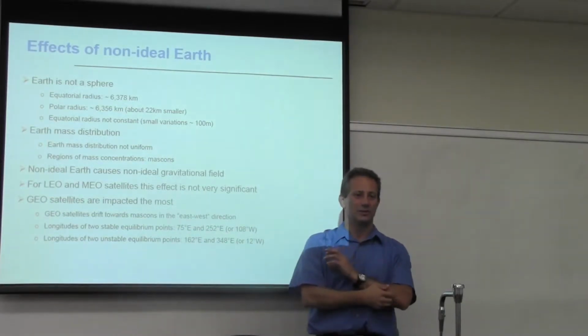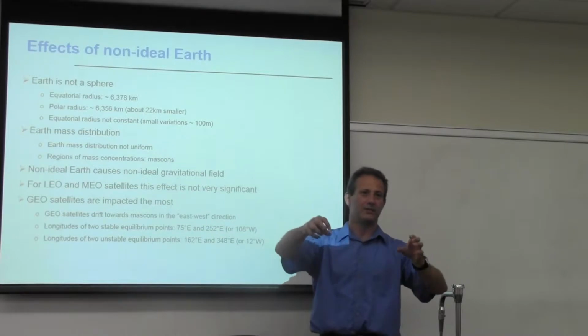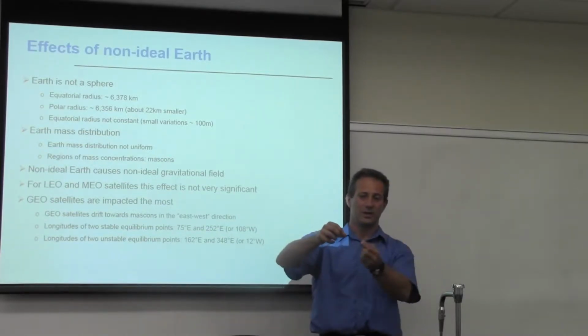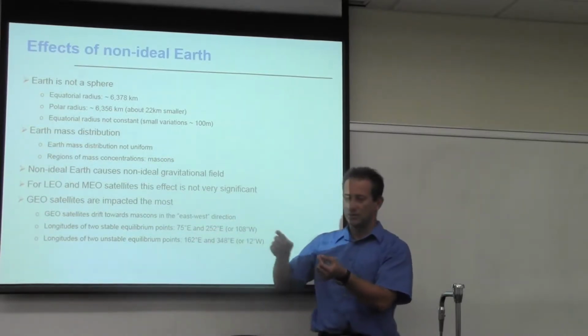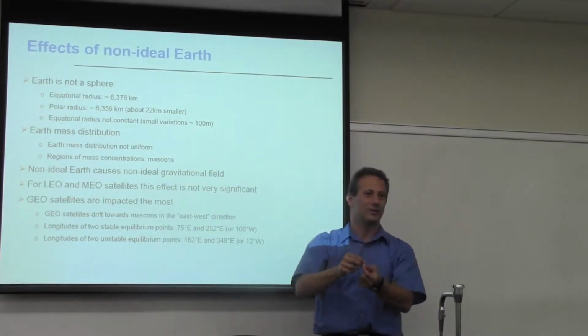Those are the locations of the stable equilibrium. They keep on drifting until they fall there. At 75 east and 252 east, if you move either east or west, your potential energy grows. So you're in a valley of the gravitational field.